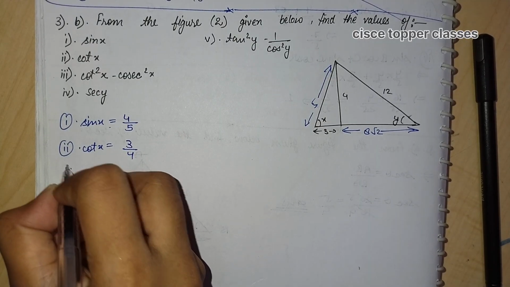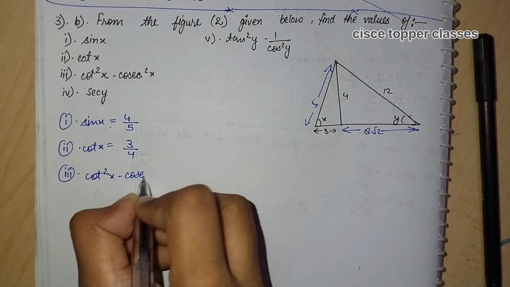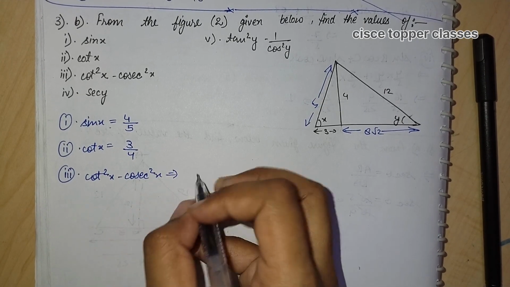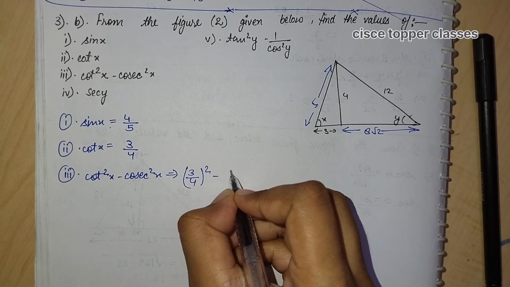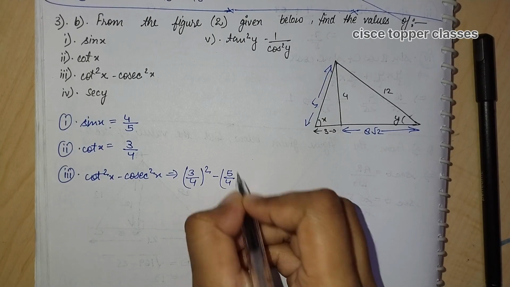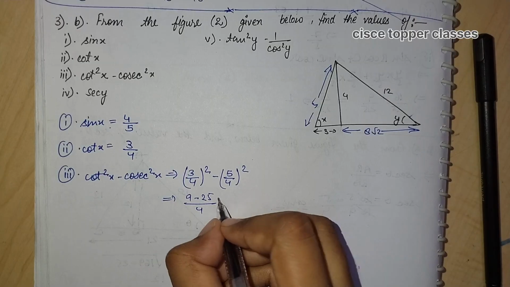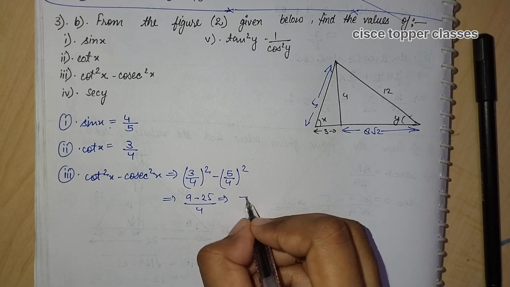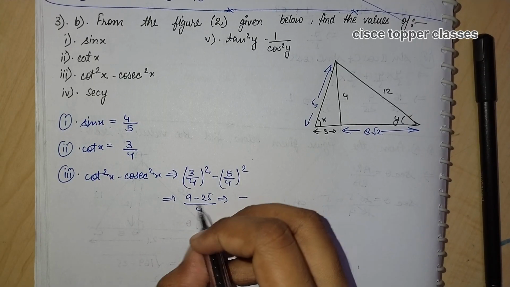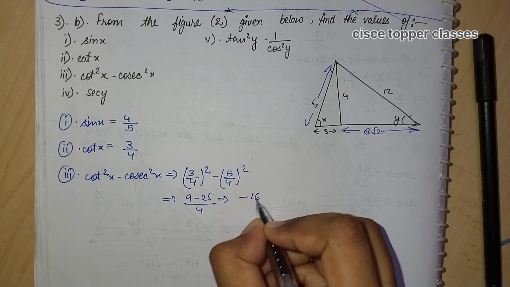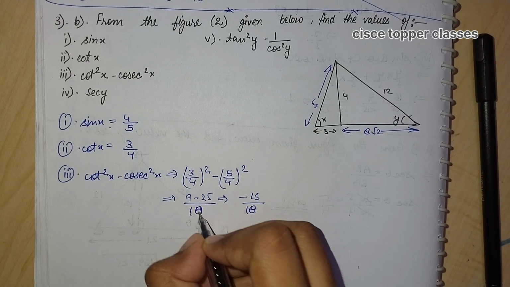Now the third part which you have to find is cot square x minus cosec square x. So this will be cot square x, which is 3 by 4 whole square, minus cosec square x, means 5 by 4 whole square. So 9 minus 25 divided by 16. So this will be 9 minus 25, which is minus 16, divided by 16.